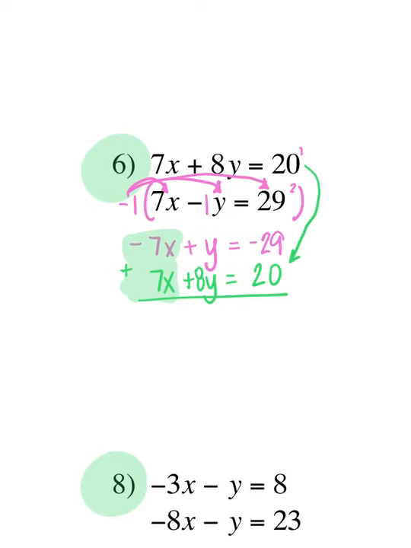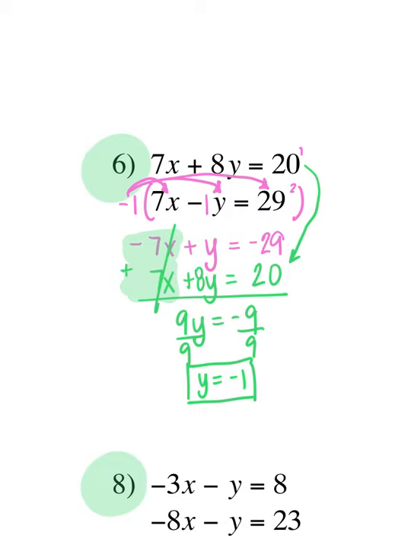So remember, I'm just adding straight up and down. So that cancels out, and I get 9y equals negative 9. Negative 29 plus 20 is negative 9. Divide both sides by 9. Y equals negative 1. Okay, so y equals negative 1.